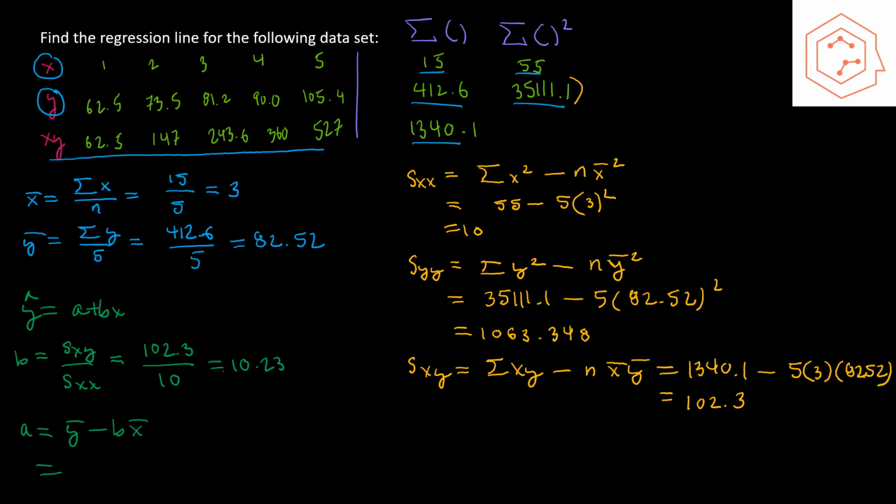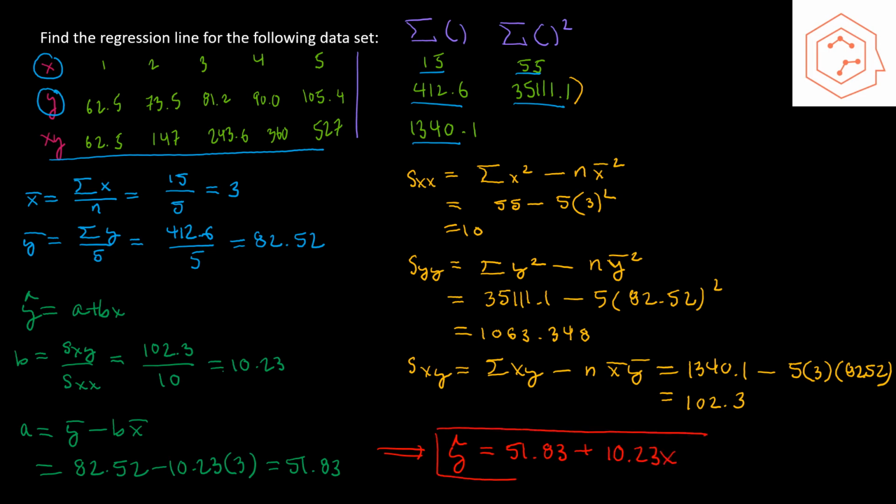So that's equal to 82.52 minus 10.23 times our mean of x, which is 3. And that's equal to 51.83. So we plug this in to our equation for the line of best fit, and we get a final answer for our line of best fit is equal to 51.83 plus 10.23x.